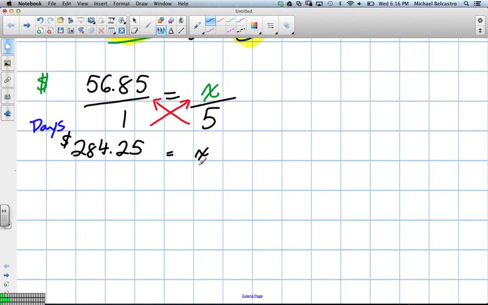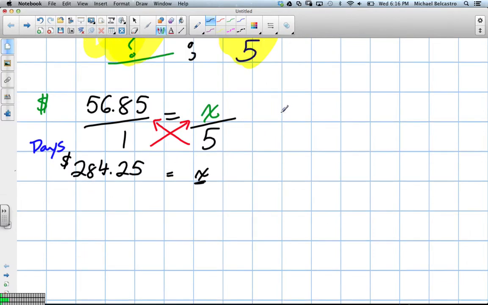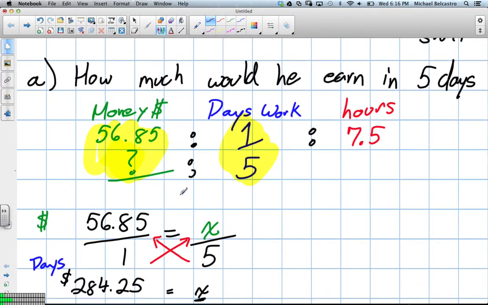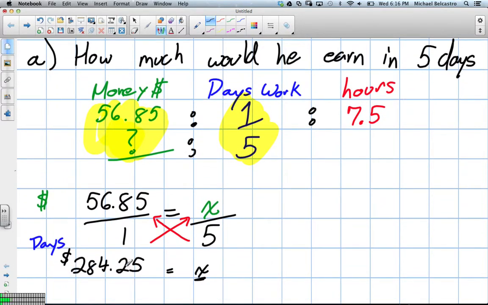So what we just discovered is x is equal to 284.25. In other words, in 5 days' work, he makes $284.25. So we've just fulfilled that part of the ratio.